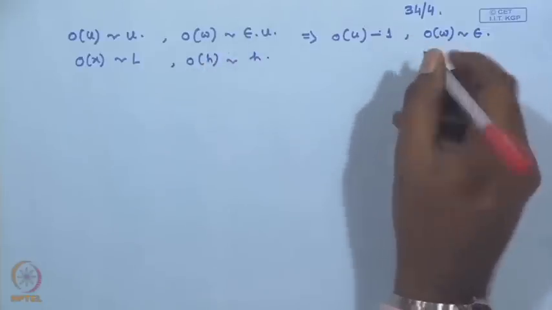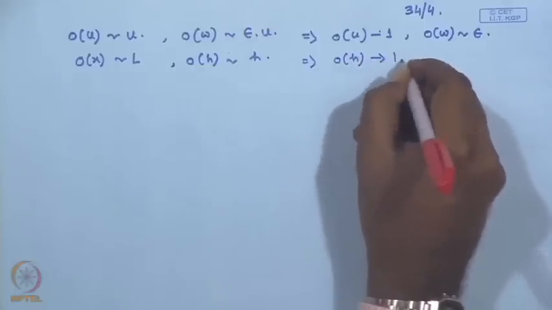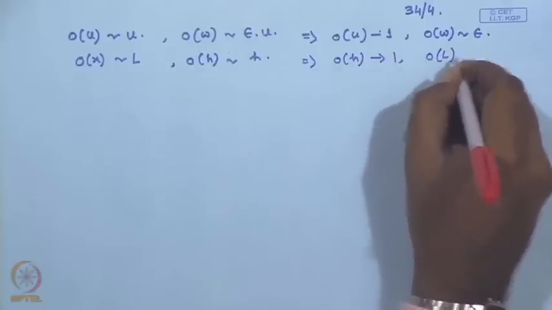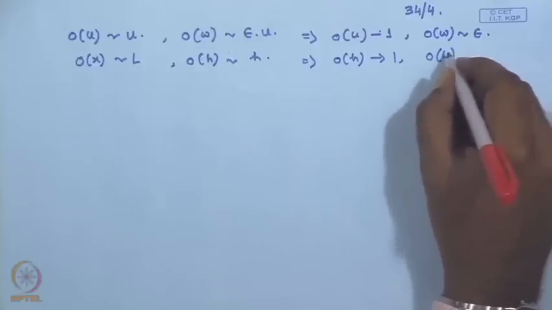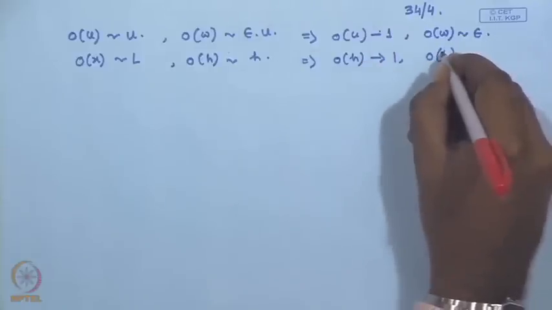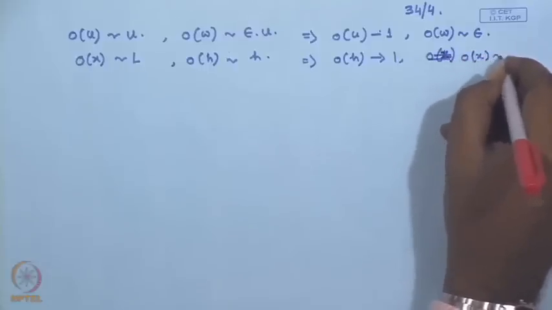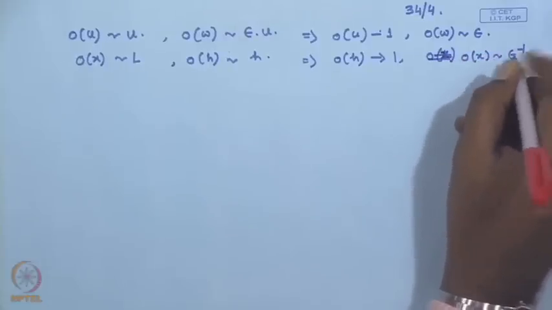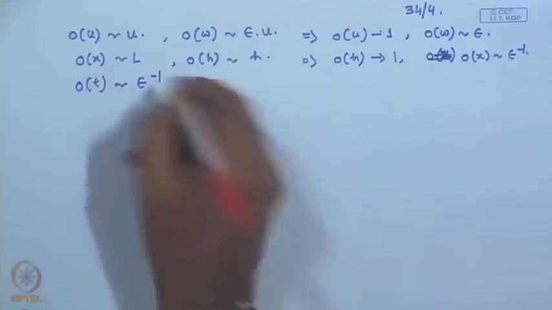We normalize the order of h to be equal to 1, therefore, order of x is epsilon inverse, and we also have order of time is epsilon inverse.